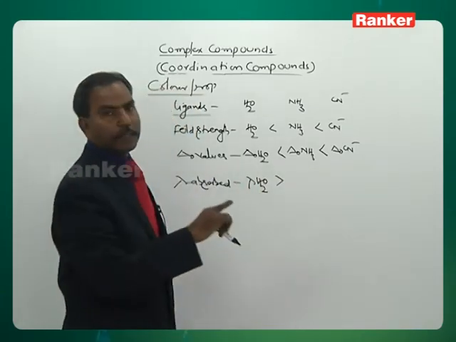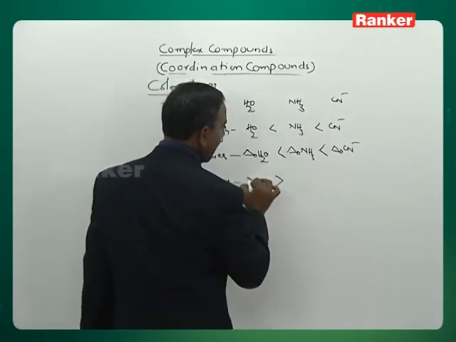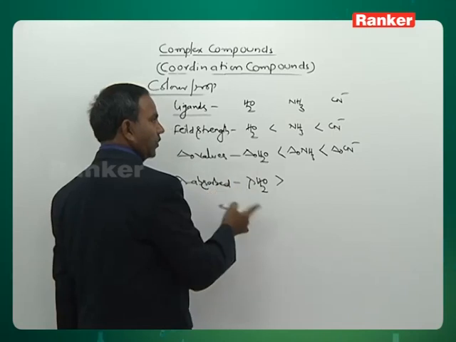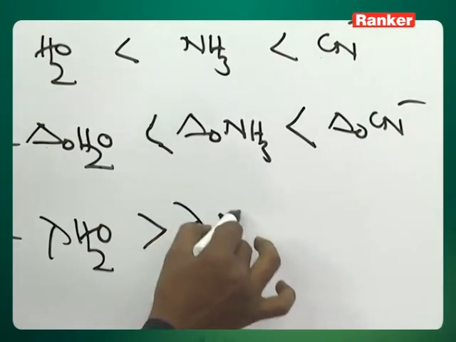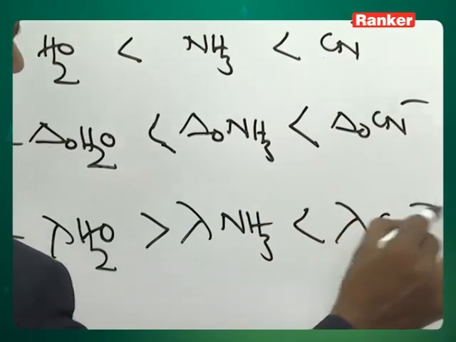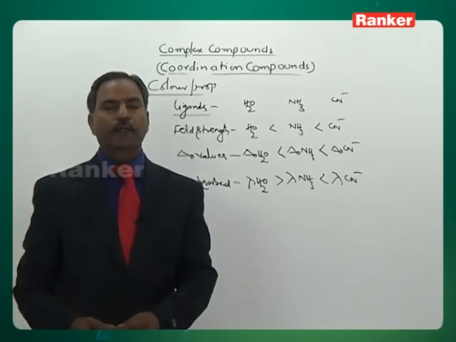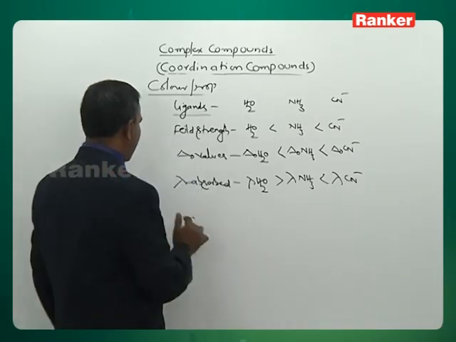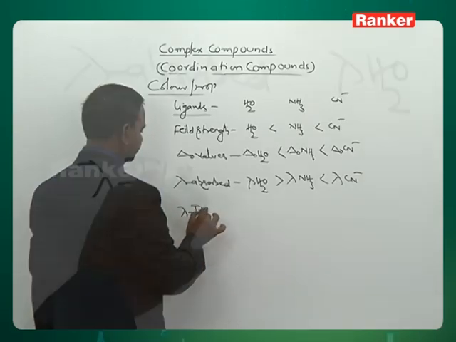Less energy, greater lambda. Therefore, lambda absorbed for the H2O complex is greater than lambda for NH3, which is greater than lambda for CN minus. This is the order of the wavelengths absorbed. Well known to you. Again, lambda transmitted, let me give. Lambda transmitted.